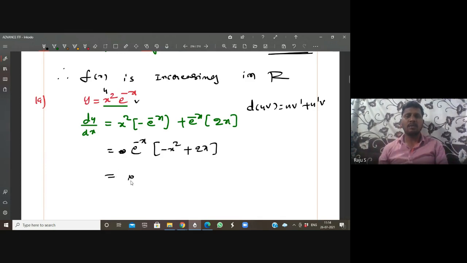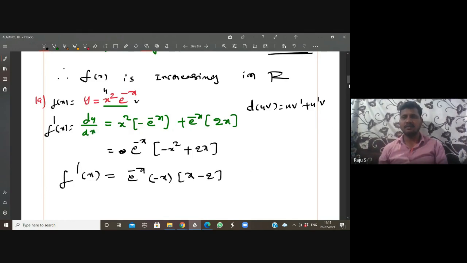You can also take minus x common, so here x minus 2. So this dy by dx you may write as f dash of x also. If I take f of x equal to y, the value of f dash of x is dy by dx. So finally we get the f dash of x value like this.